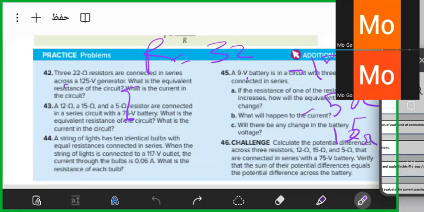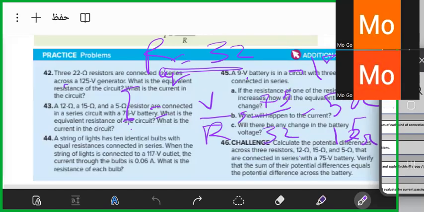We have the total resistance R equivalent. We should calculate I firstly. I equals V over R. How much is V? It was 75, and the resistance was 32.